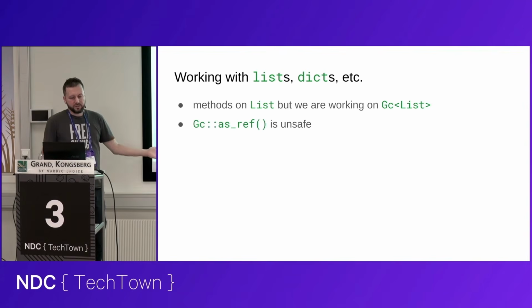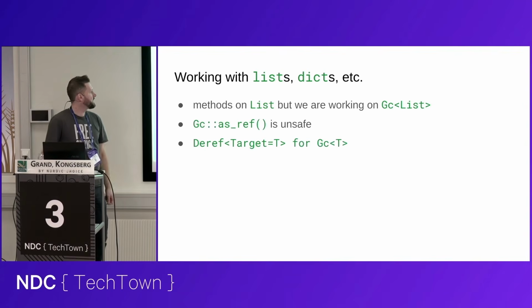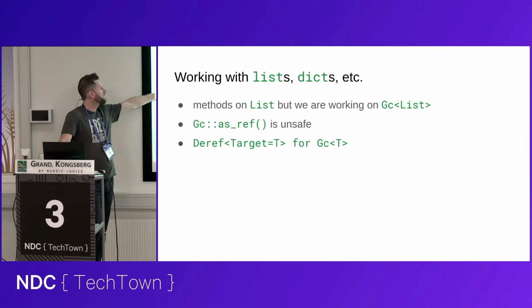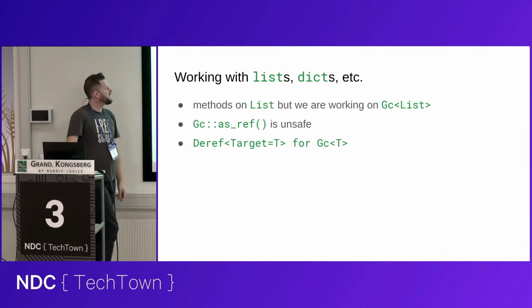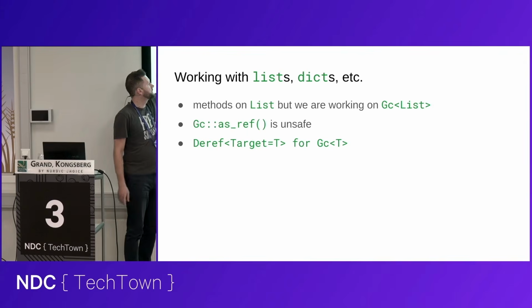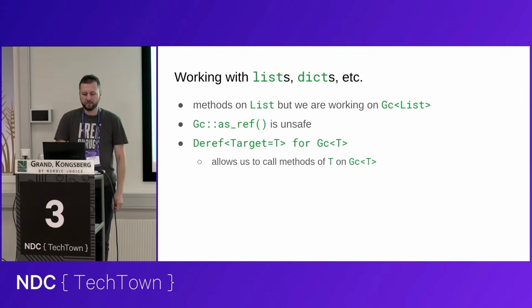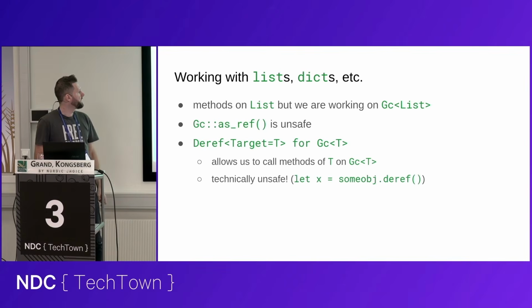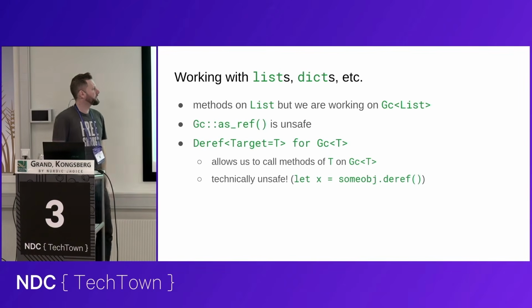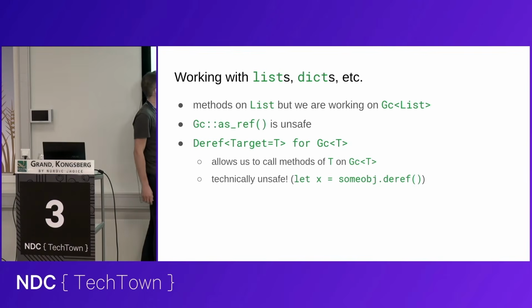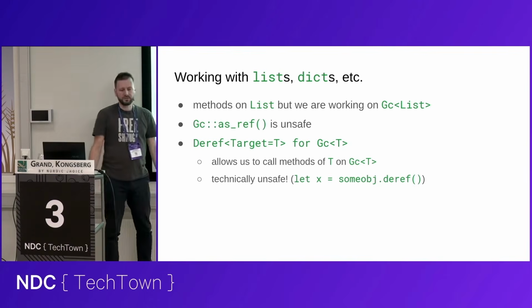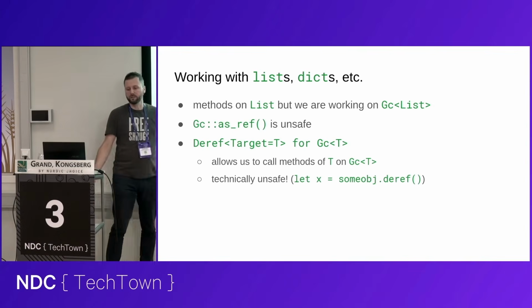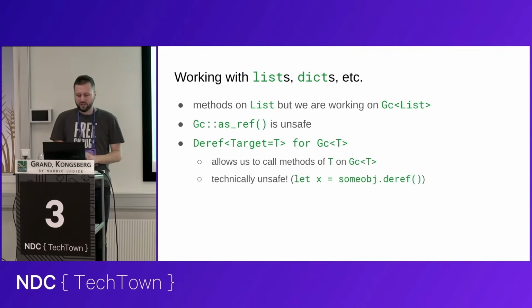So we have this unsafe sref, and for convenience, we also implement a deref trait, which means that I can dereference a GC list into a list. But unfortunately, while this allows us to conveniently call all the methods of list on the type GC T, it's also unsafe because this is equivalent to calling sref and unwrapping the result. But if you store this X, then you are breaking all these invariants. So this is something that I discovered recently. We need to fix it.